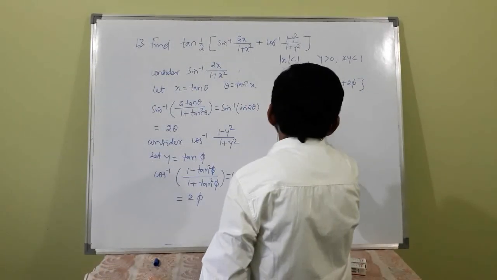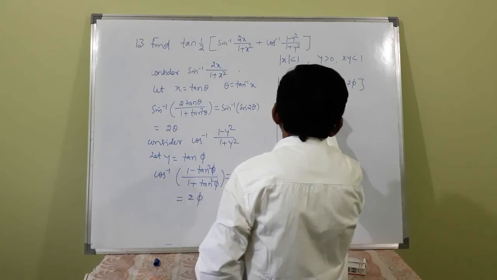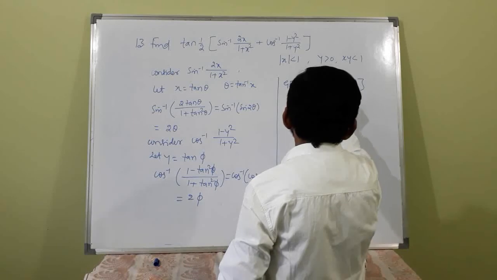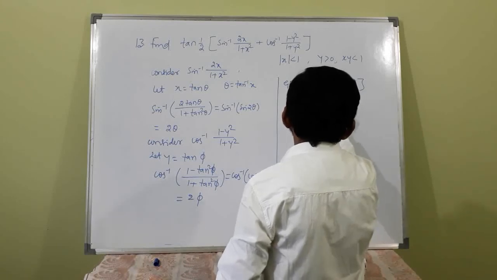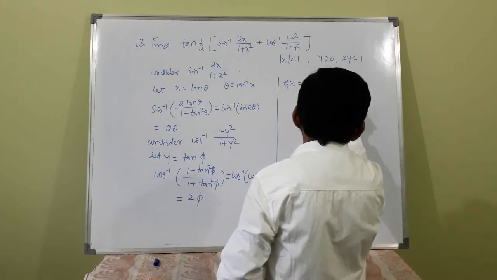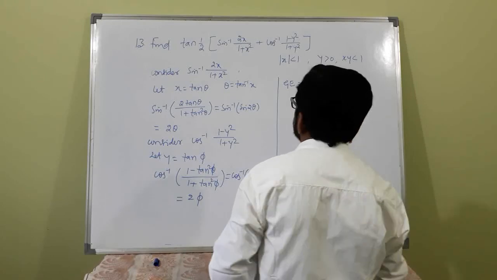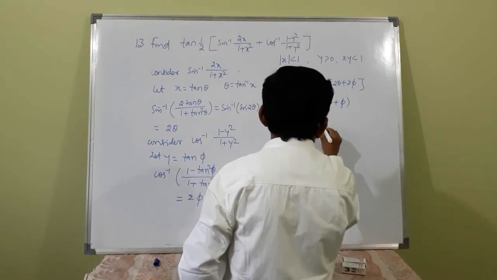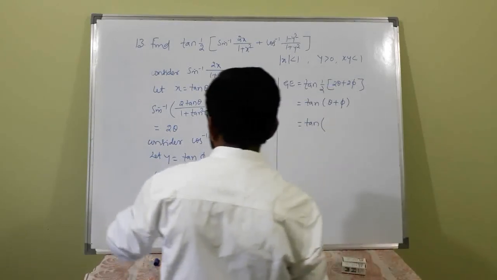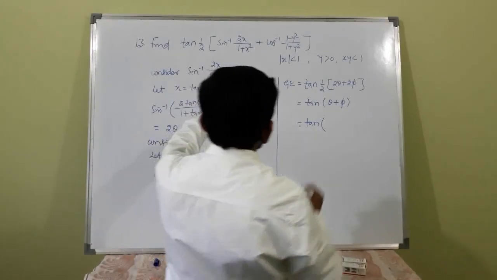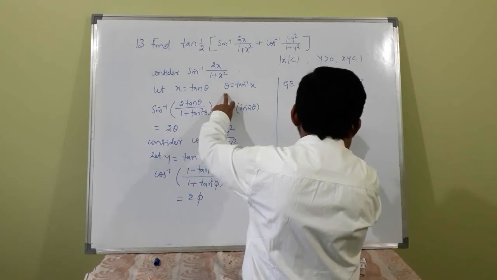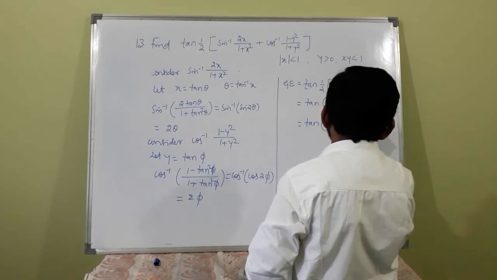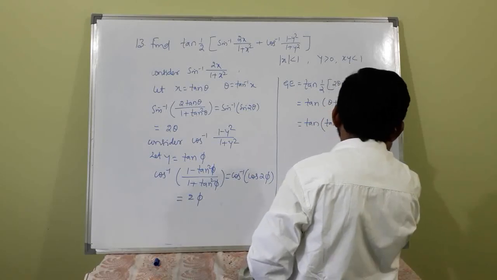So tan of, if you take 2 common, theta plus phi, that is tan of theta, meaning tan inverse x, plus tan inverse y.